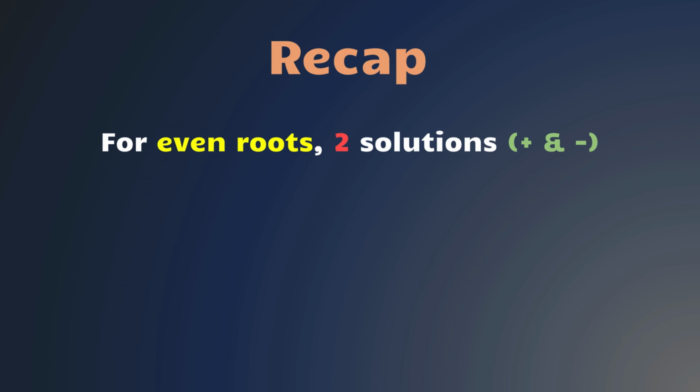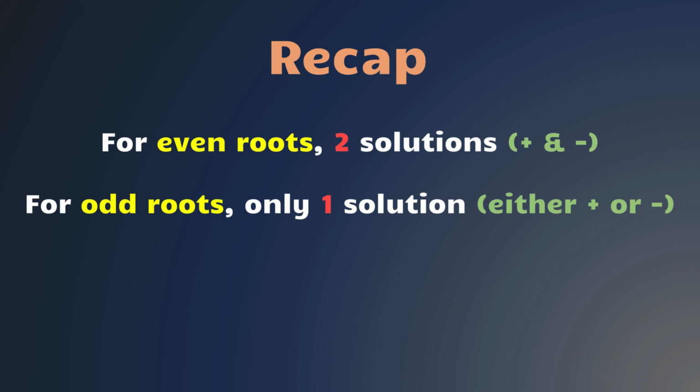For even roots, like square roots, we have two solutions, positive and negative. For odd roots, like cube roots, we have only one solution, either positive or negative, depending on the number. There's a lot more to learn about exponents in algebra, but those are the basics, and to make sure you practice by doing some exercise problems.